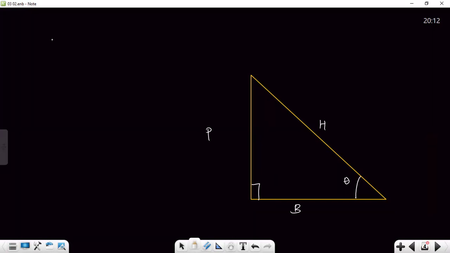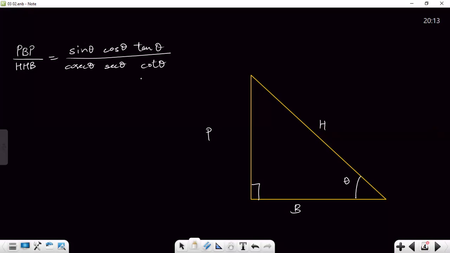As we have already discussed earlier, the short trick to remember these formulas: Pandit Badri Prasad Har Har Bole is equal to sine theta, cos theta, tan theta divided by cosec theta, sec theta, and cot theta.